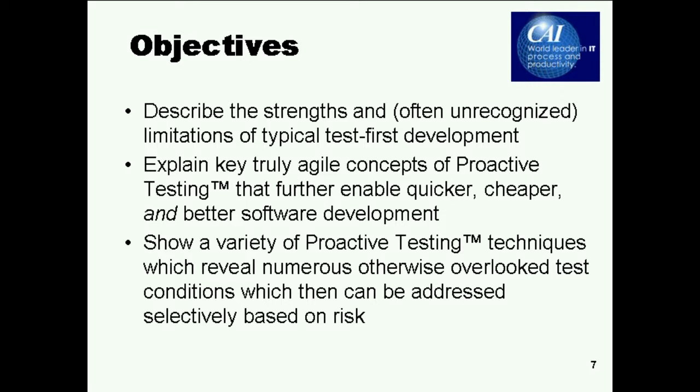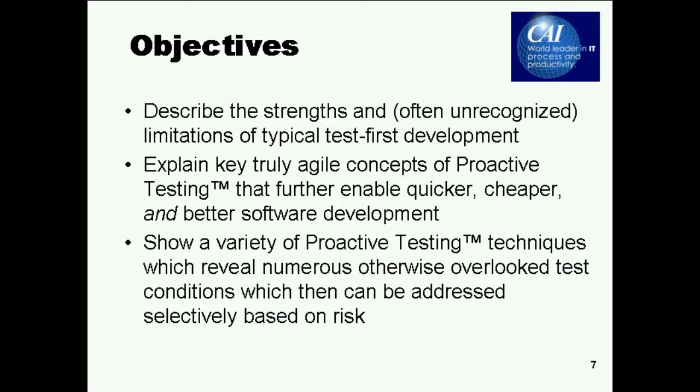And then I want to give you some examples of proactive testing and how it, among other things, reveals numerous otherwise overlooked test conditions that when they are overlooked, testers obviously don't have any way to deal with them, and they're often overlooked because the developers overlook them as well.